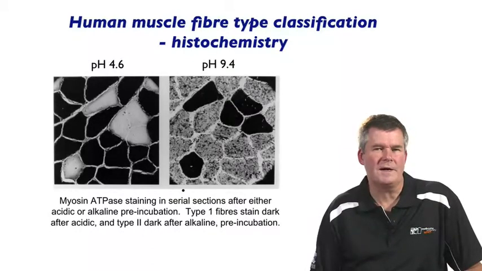The fast twitch fibres now stain darkly, and the slow twitch fibres have a less intense stain. And this was the way in which muscle fibre type distributions were measured and estimated in human samples for many years.